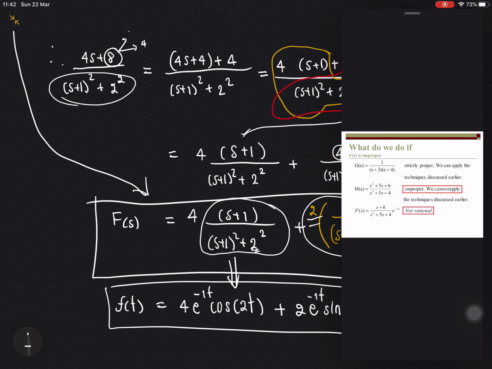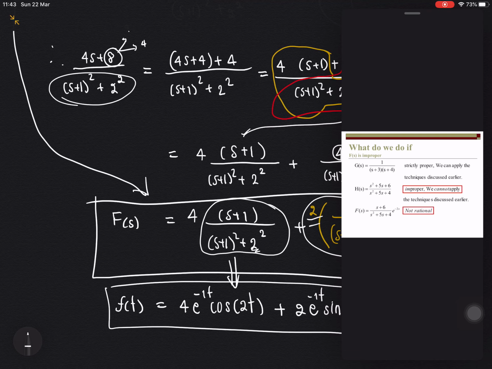So as you can see from the slides, let me remind you again of the improper and the proper functions. So in the GS function here, you can see that we can stipulate that into the multiplication between the s plus 3 and the s plus 4, and that is the case number 1, which is the distinct pole. Then you can further continue with the inverse Laplace transform method.